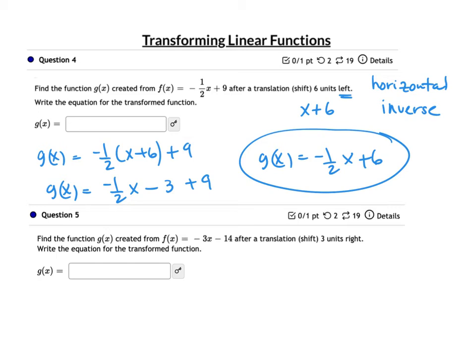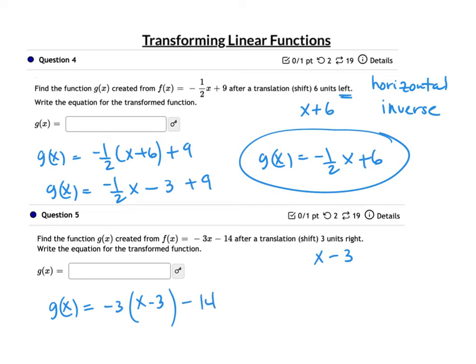Question 5, 3 to the right. Think of the x-axis. That ought to be going plus, but because it's horizontal, it's the inverse. That means it'll be x minus 3, not x plus 3, because it's the inverse. So my new equation will be g of x equals negative 3, and I replace x with x minus 3, minus 14.